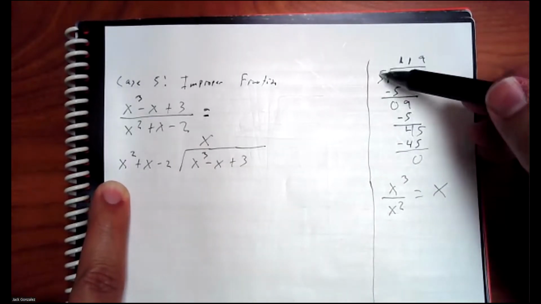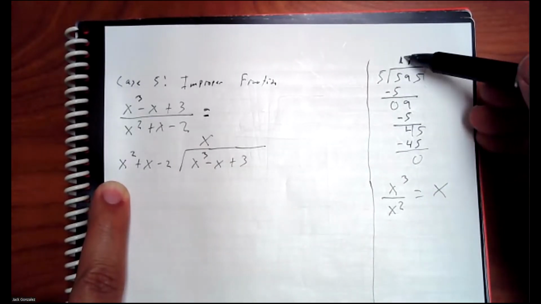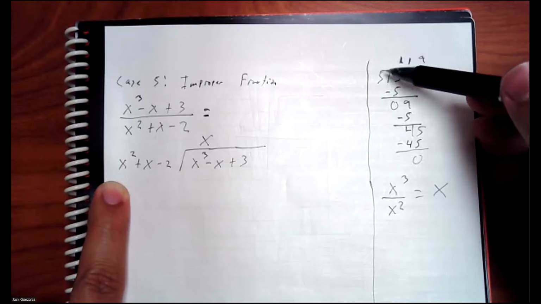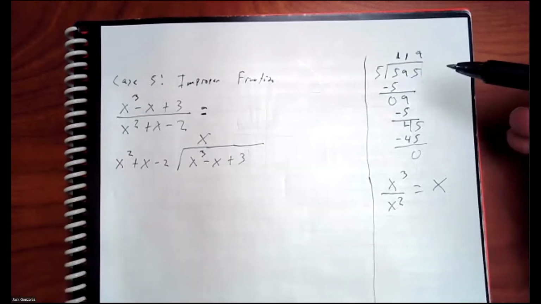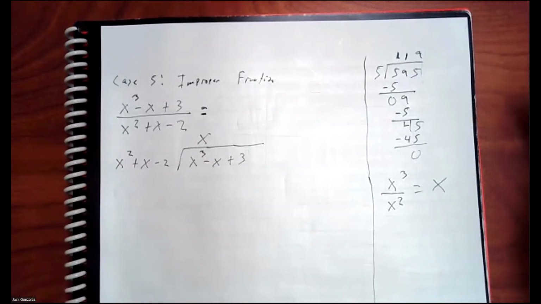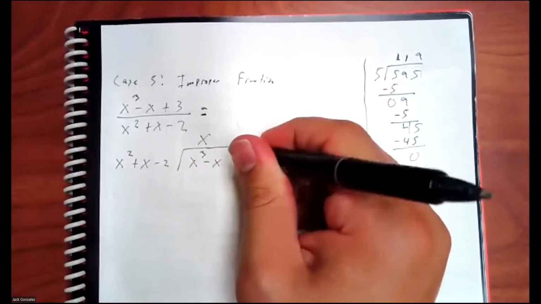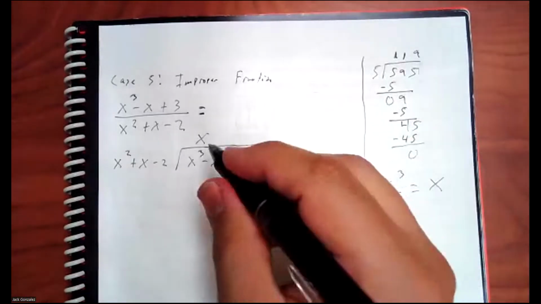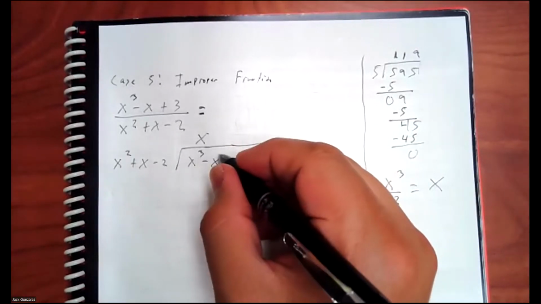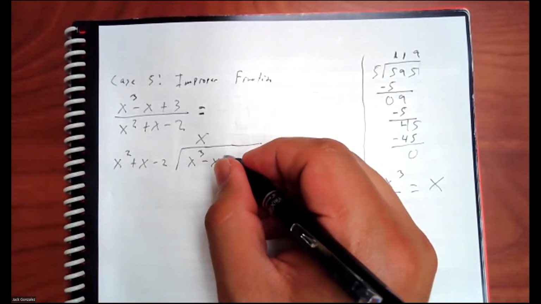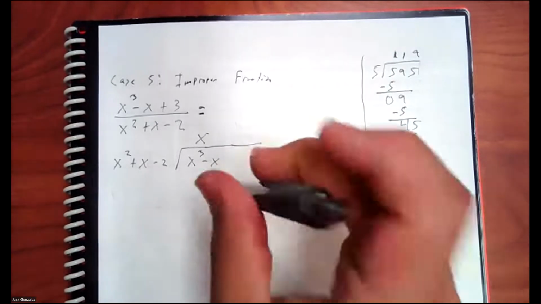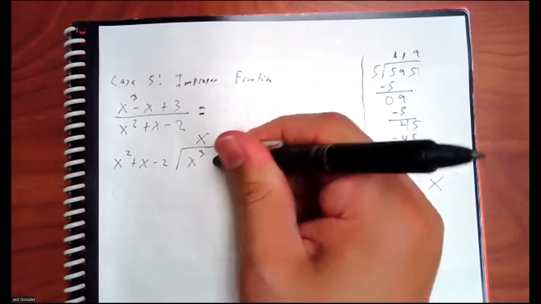Just like over here, we did 5 into 5, 1 time. 1 times 5, negative 5. The only thing that we need to add, I forgot to mention, it needs to have all the powers. So if it's a 3, you need to have a 2 and a 1 and a 0.